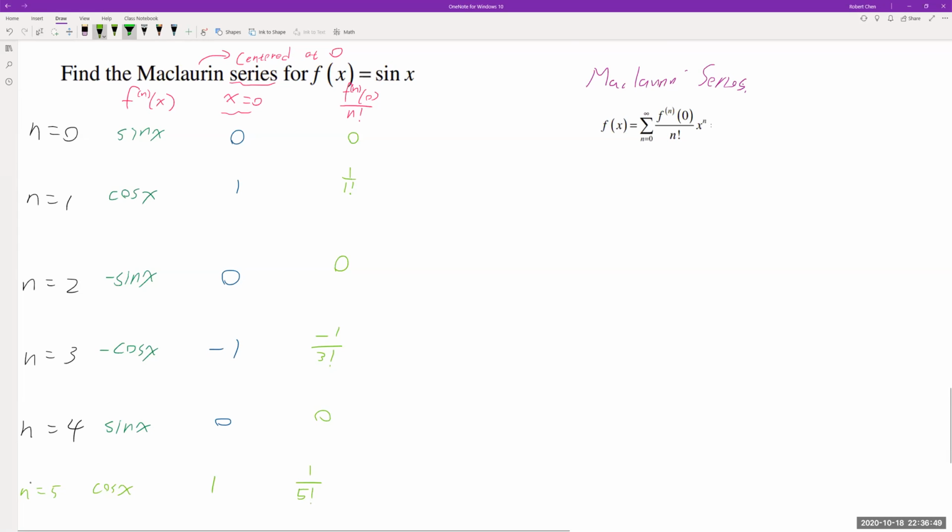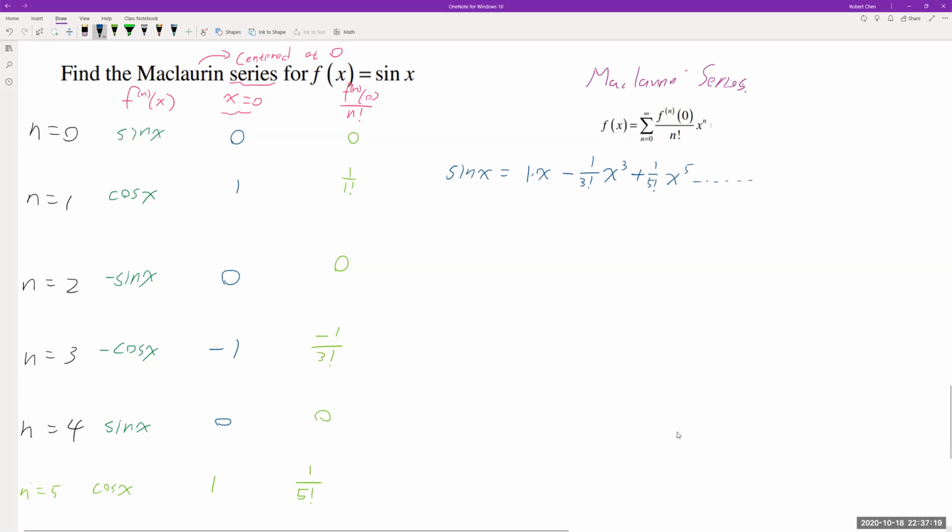All right, so let's write out the first few terms and see what we have. Sine x is equal to 1x minus 1 over 3 factorial x to the third power, because n is 3, so x to the third power, and then plus 1 over 5 factorial x to the fifth power, and so on.